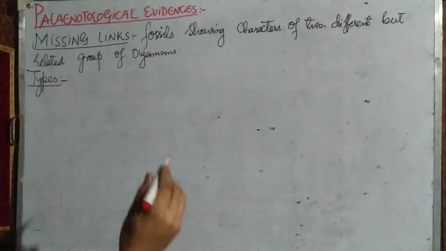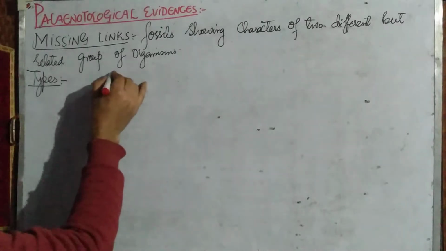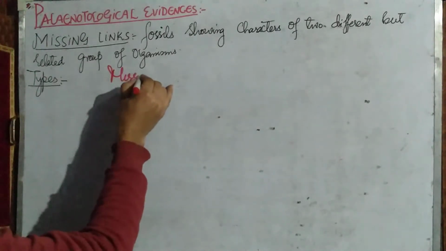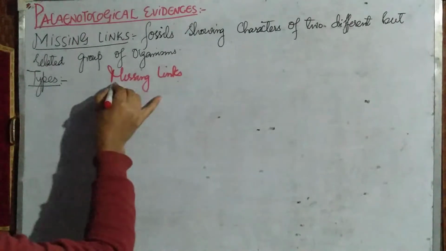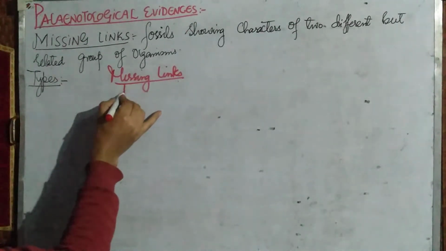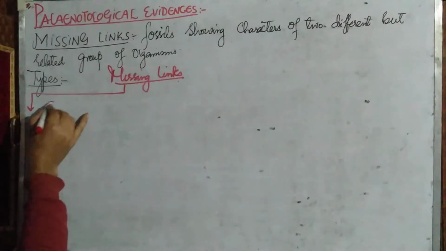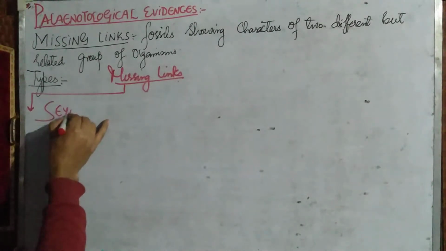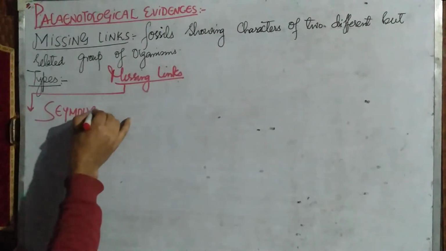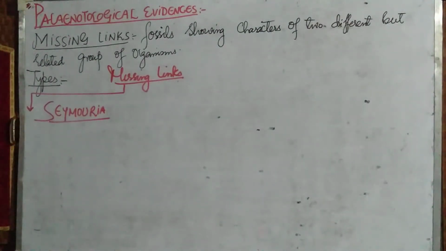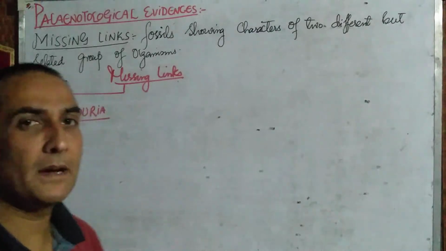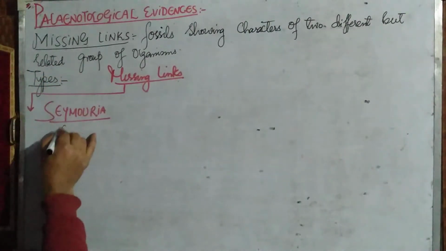The first missing link, we discuss, it is the Seymouria. This missing link was found in the Permian period.